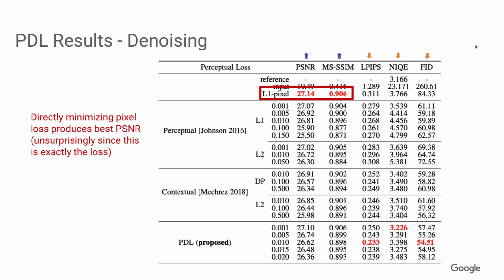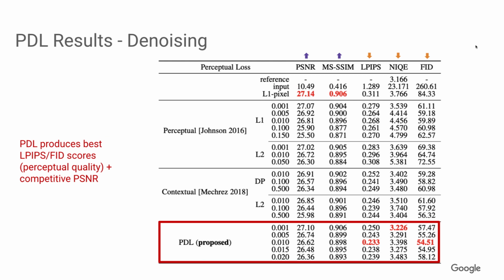As expected, directly minimizing the pixel error produces the best PSNR while performing poorly on the perceptual metrics. PDL produces the best results according to the perceptual quality metrics while having a competitive PSNR.